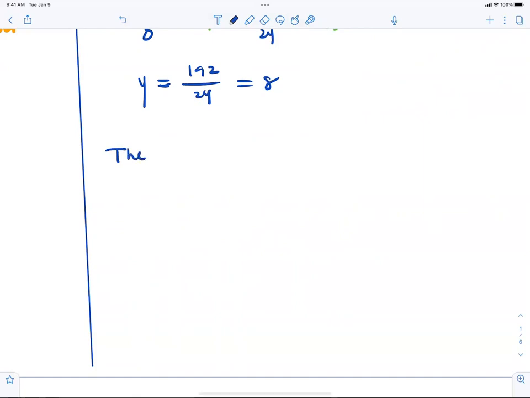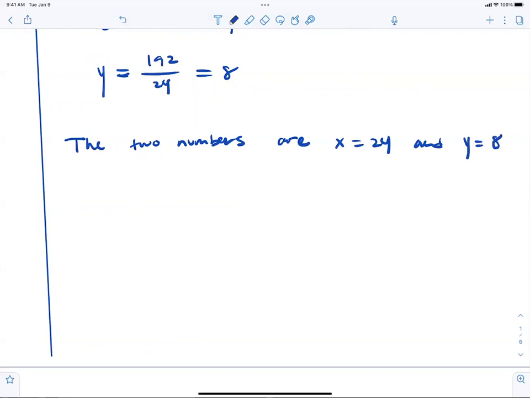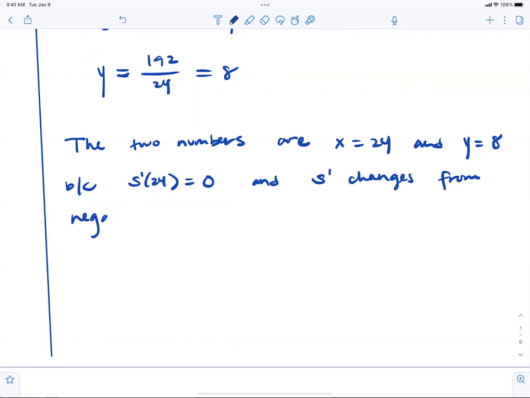So we can say something like the two numbers are X equals 24 and Y equals 8, because you would say something like S prime of 24 is equal to 0 and S prime changes from negative to positive on the interval X greater than 0.